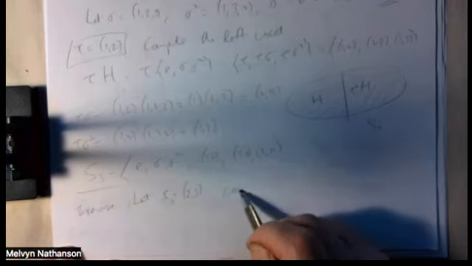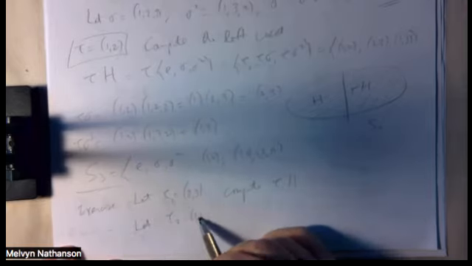So an exercise you should do is, suppose I let tau be the transposition (2 3). I'll call that tau 1. Compute the left coset tau 1 H. And let tau 2 be the transposition (1 3).